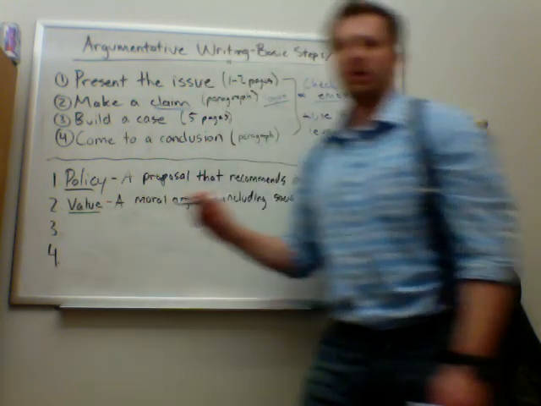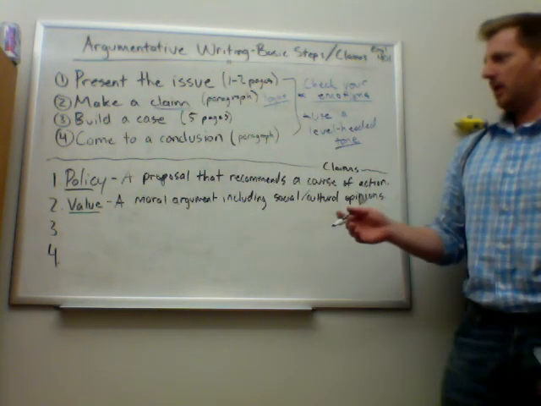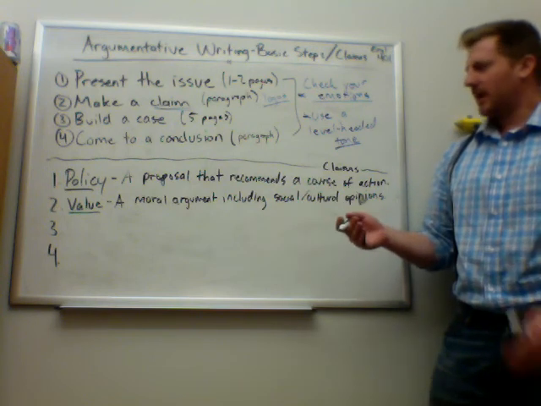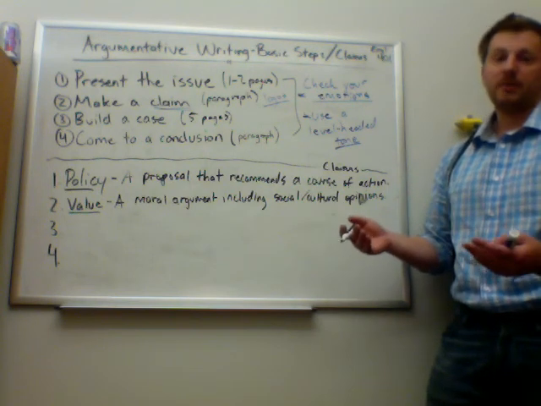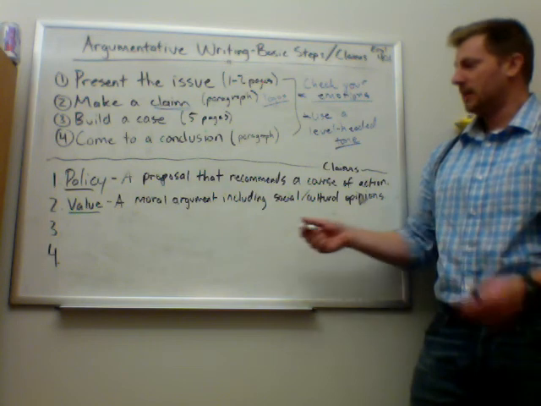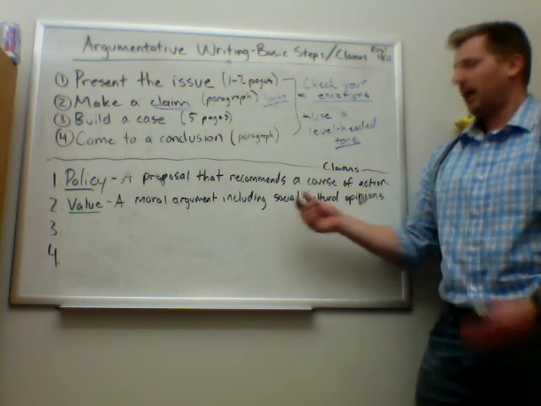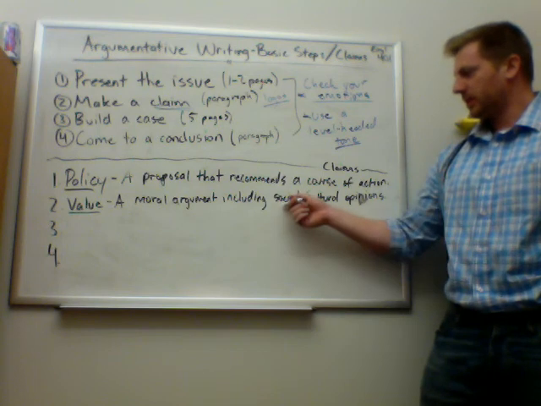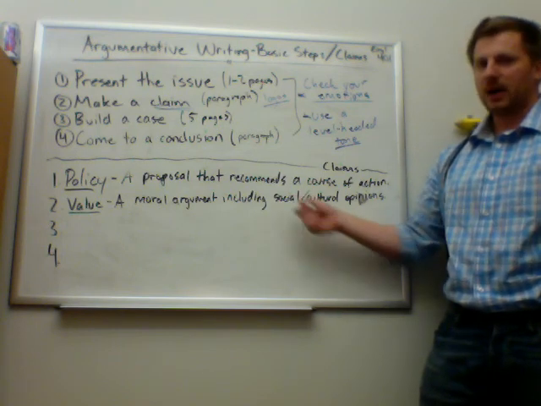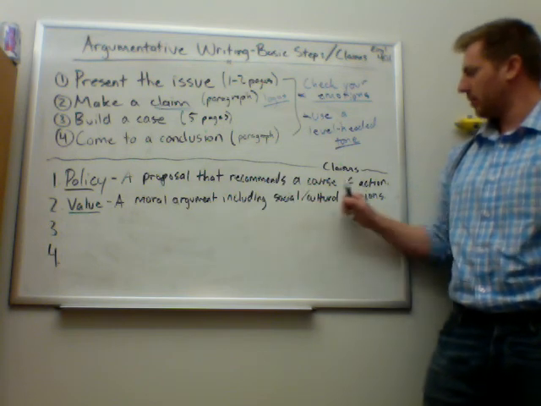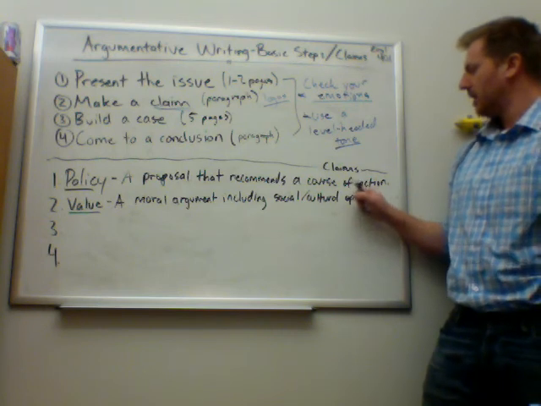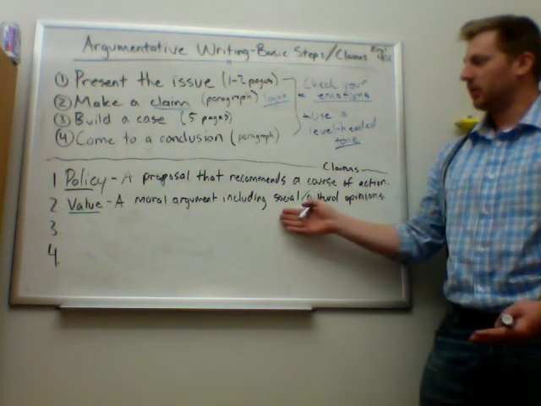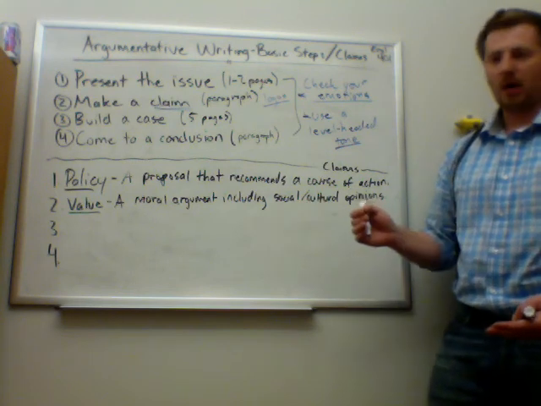Oh, pit bulls are very controversial. You could recommend a policy for an argument like that, but whether or not people should be allowed to have pit bulls in apartment complexes is more of a value-based claim, okay? You're going to have this moral argument where you're presenting different people's opinions from different parts of society and from different cultures, and you're going to have a conclusion that says either people should be allowed to do this or they should not, right? That's a little bit of a different claim than a policy.